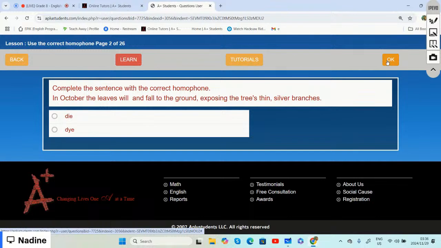So we need to choose the correct option. The correct homophone is D-I-E for die option one or D-Y-E for dye option two.